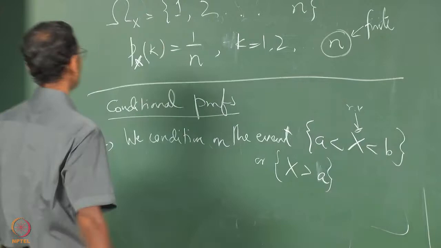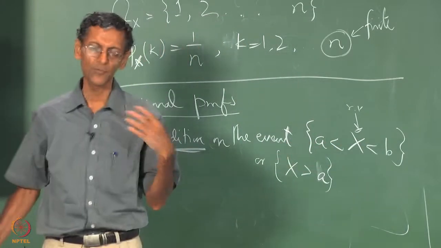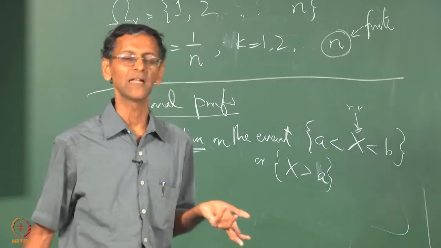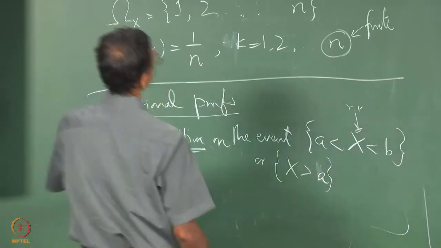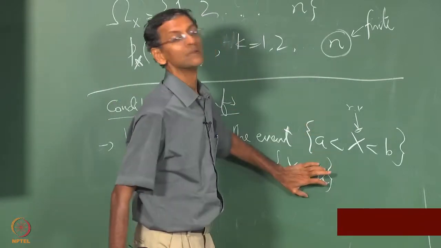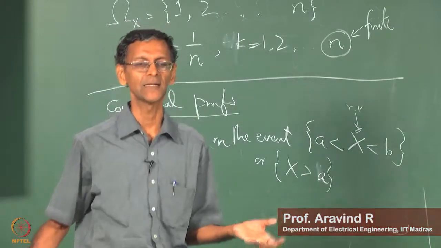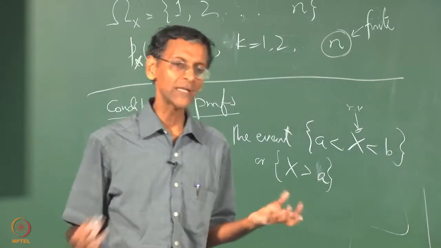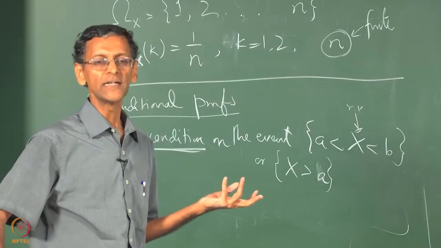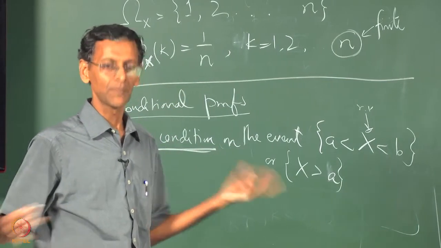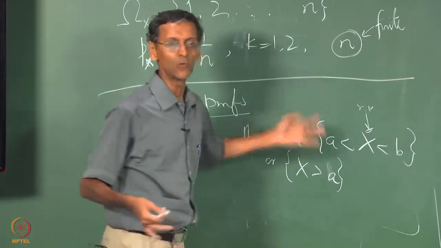So now this is an event, hopefully, where you have chosen the numbers a and b such that the event has positive probability. Given that this has happened, or this is where x lies in a particular experiment, what can we say about the probability that x is some value xk, not just k, we have to look at xk.